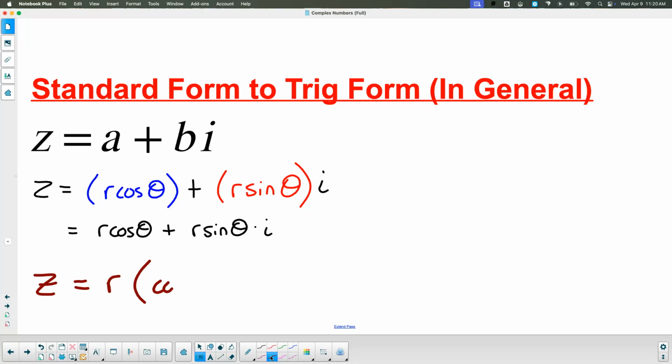Cosine theta plus. Now here's where we're going to tweak it a little bit, because now R is out of the way. So now we can put i first. So it's R times the quantity cosine theta plus i sine theta.